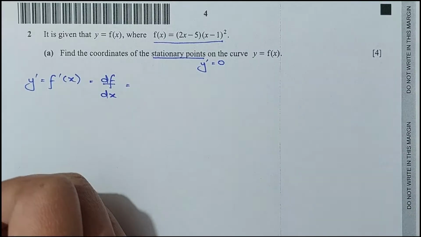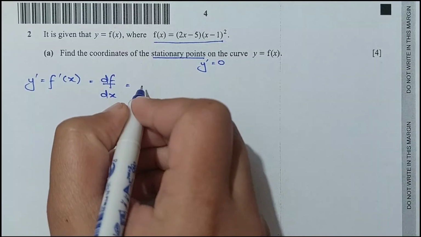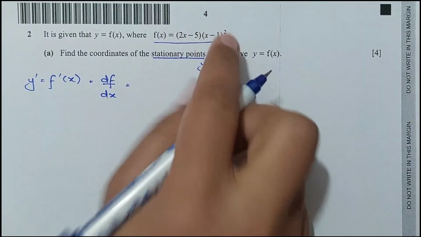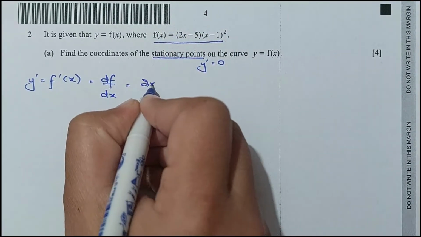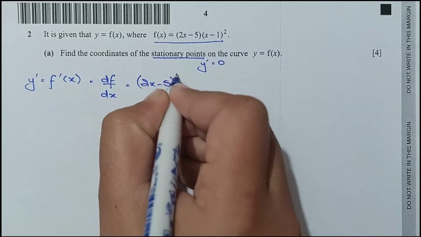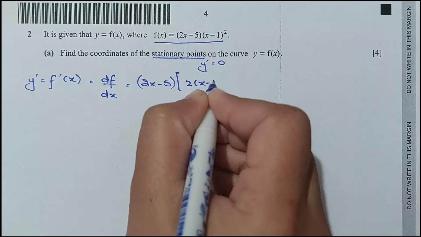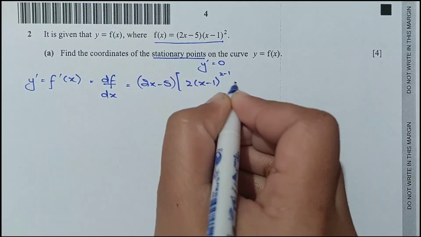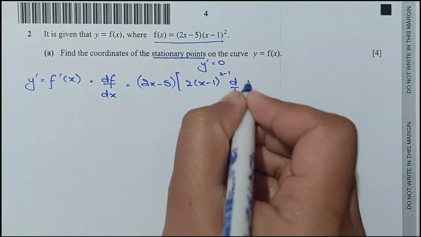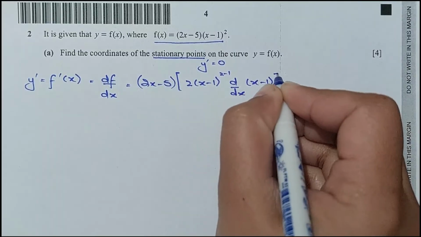All right, so let me take its derivative. It's a product rule, right? First function as it is, times the derivative of the second function. For the second function, we use the power rule: power times the base function to the power minus 1, and the derivative d by dx of the base function, which is x minus 1.